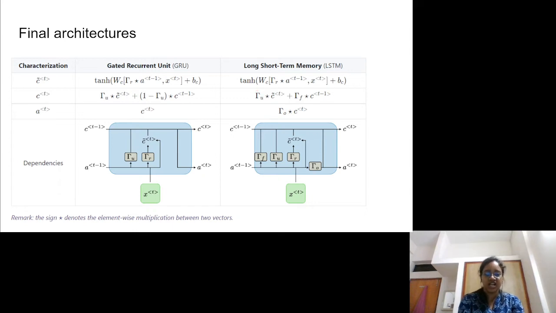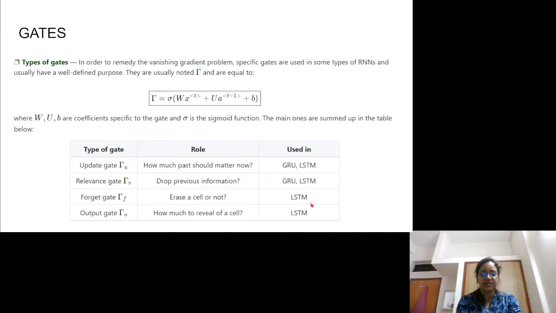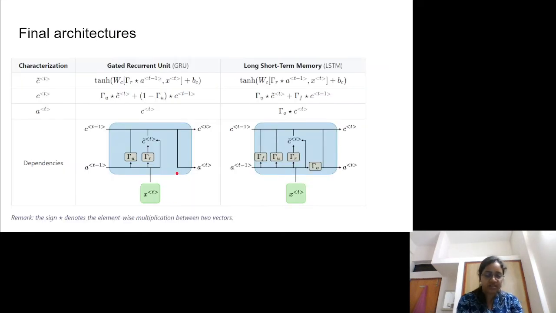A similar story goes on in GRUs. As we see here in this table, they consist of only two gates, the update gate and the relevance gate. How much past should matter now is the update gate, and do I drop previous information, that is the relevance gate.